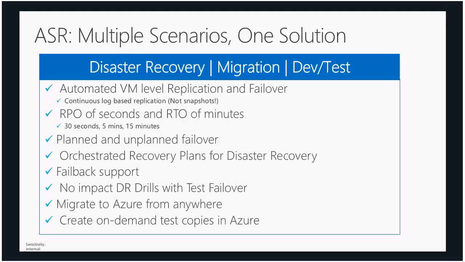What's really nice also is the ability to create on-demand test copies in Azure. A lot of organizations will use this solution not only as a backup DR scenario to make sure you're ready in a DR situation, but also to make a copy of your production environment. And why would that be important?